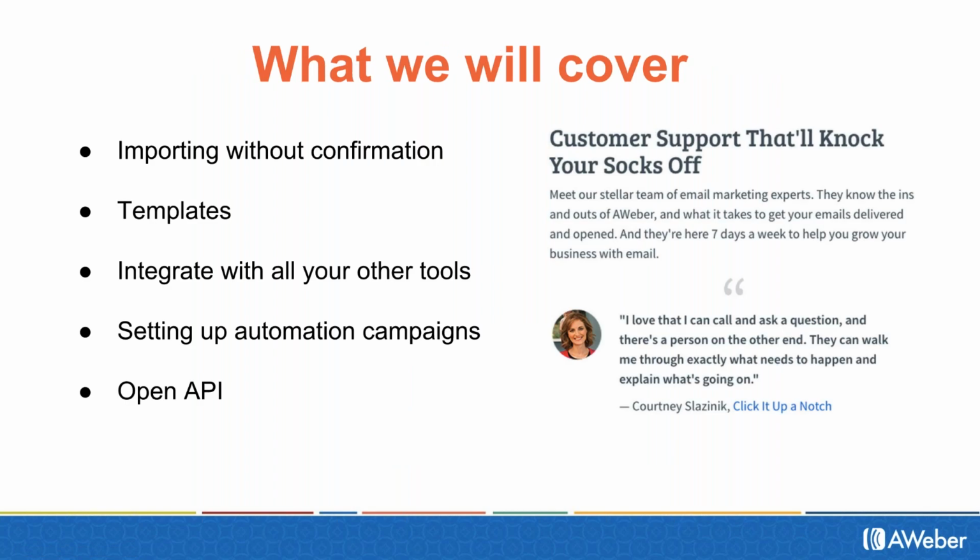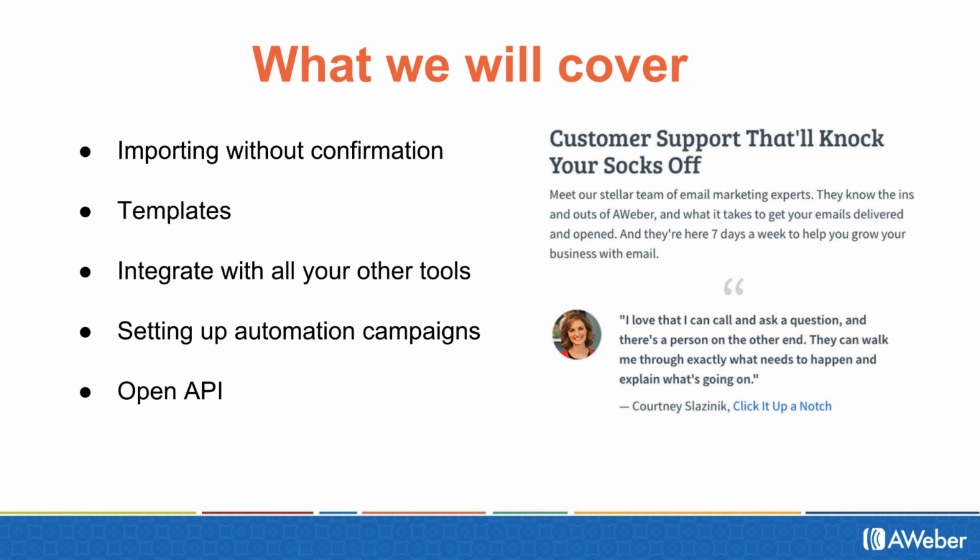And so let's go over what we're going to cover. The first and foremost thing that we're really going to do once I get out of these slides here is jump in and do a real in-depth demo of the entire account. A few things that we're going to be covering is how you can actually import subscribers without confirmation opt-in. And here at Aweber, I really work very closely with our high volume senders, especially when they're switching over from other email service providers.